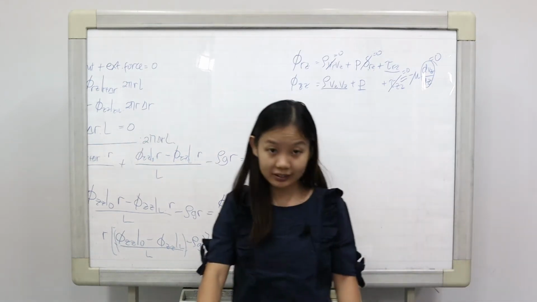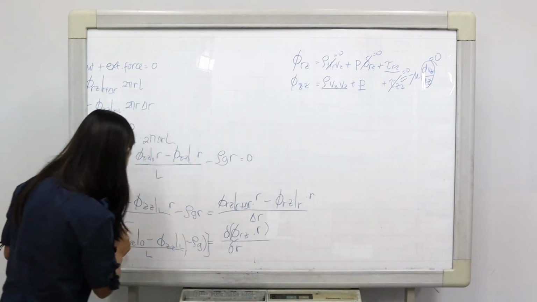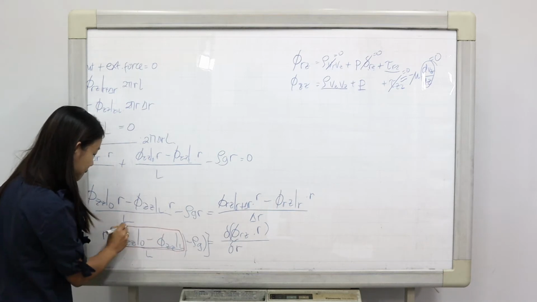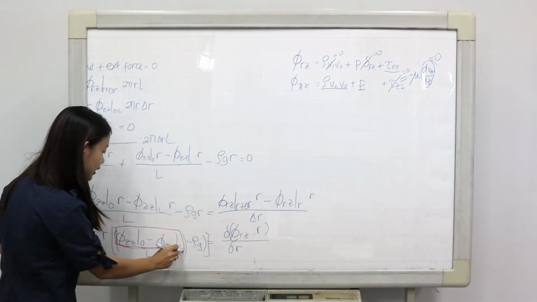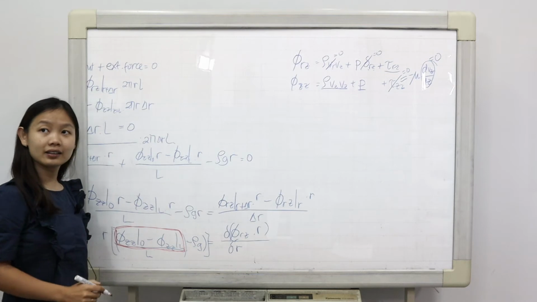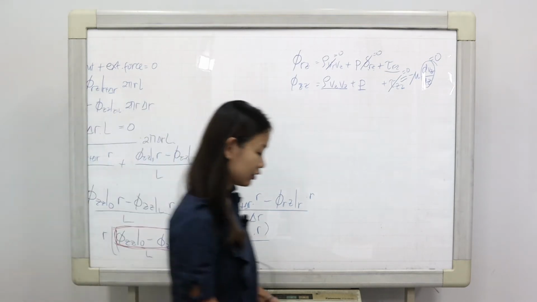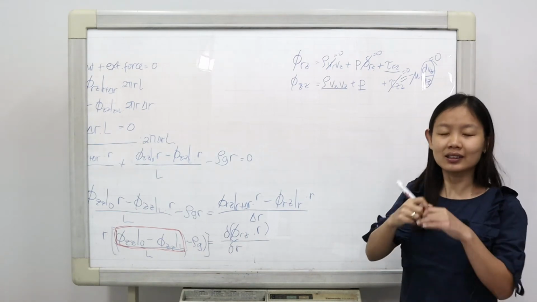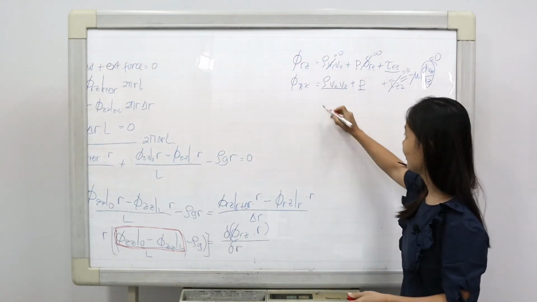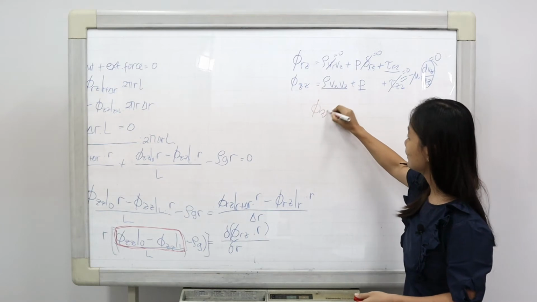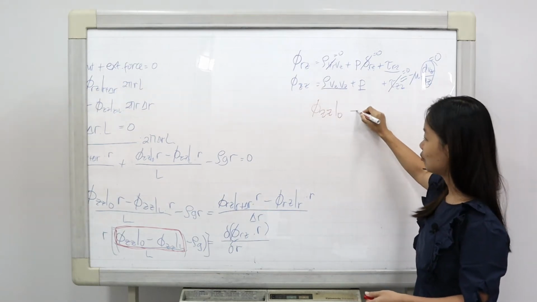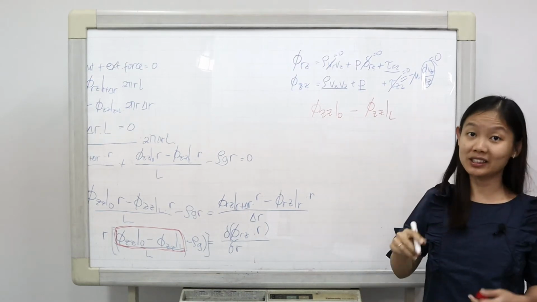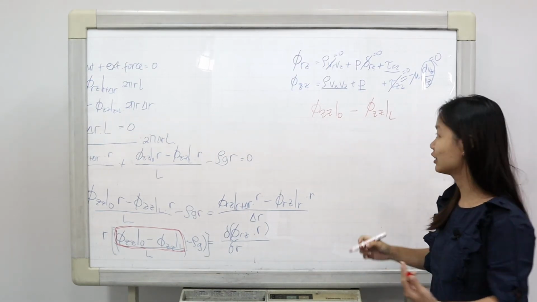Now if I take this part, the one in the red rectangle, and I make a little note for that part. That's VZZ in minus VZZ out.